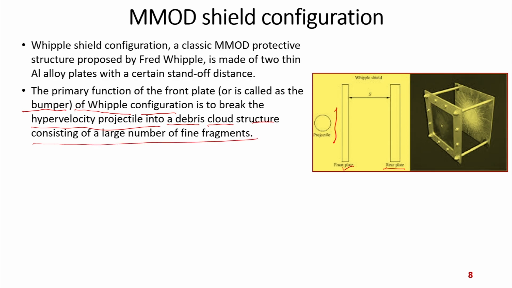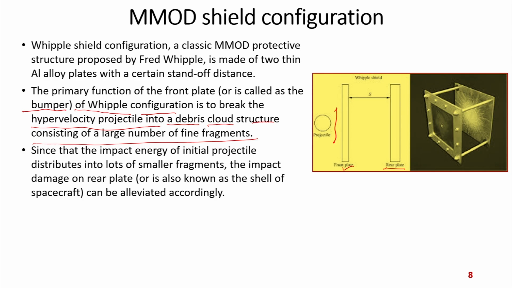We will see how this is advantageous. Since the energy of the initial projectile distributes into a lot of smaller fragments, the impact damage on the rear plate, which is the shell of the spacecraft or it can be a space suit, can be decreased accordingly.